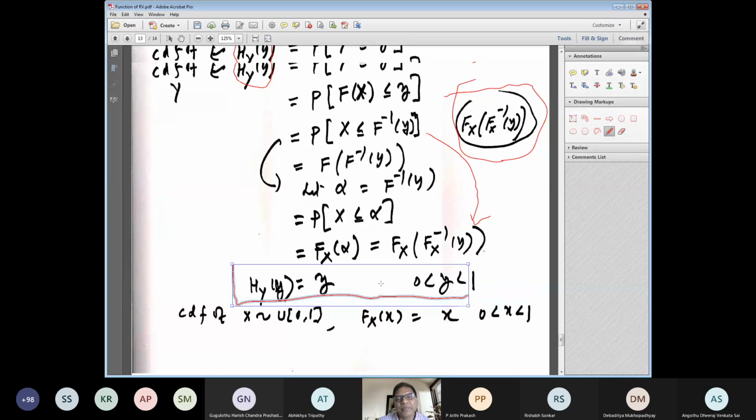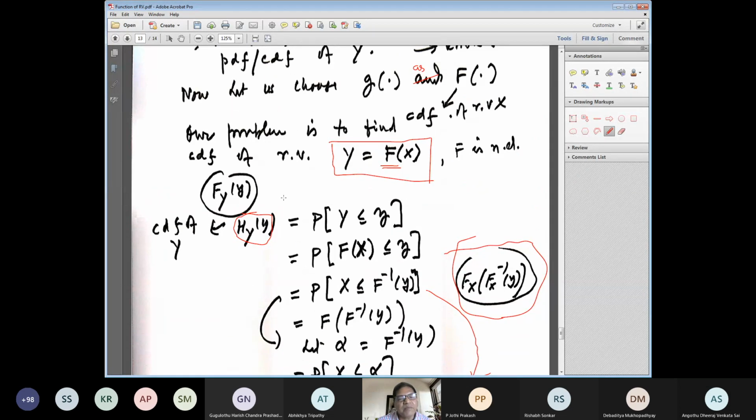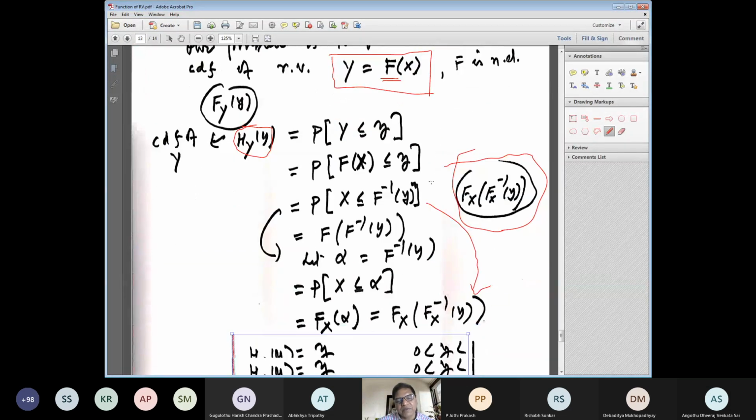So is it fine? The crux of the issue is that instead of G, you consider capital F. That's all. And then you try to find out the distribution of the new random variable y equal to F.